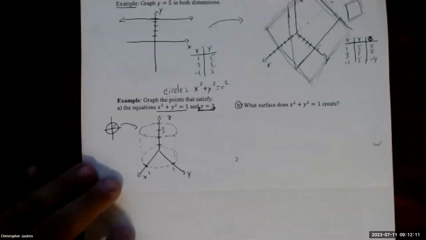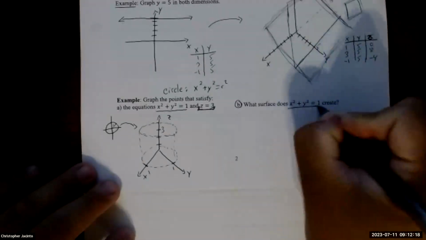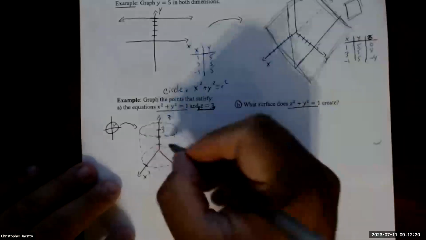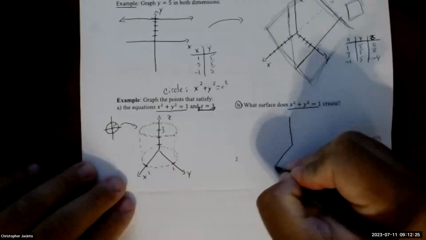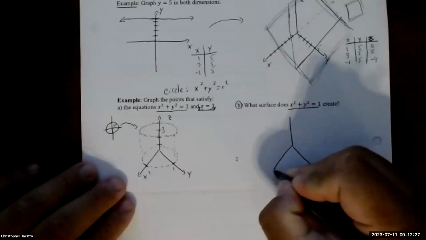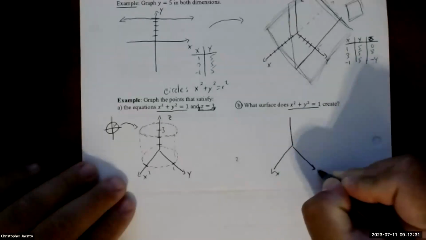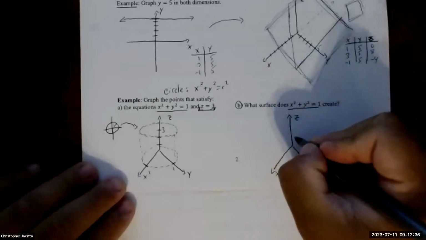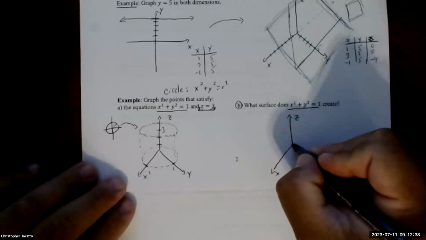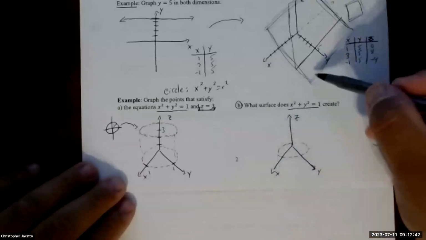So now what if we don't have the restriction of z equaling 3? What we want to do is, what's the surface of just a regular circle? Well, it's exactly that. Now z could be anything I want it to be, just like on the plane here.